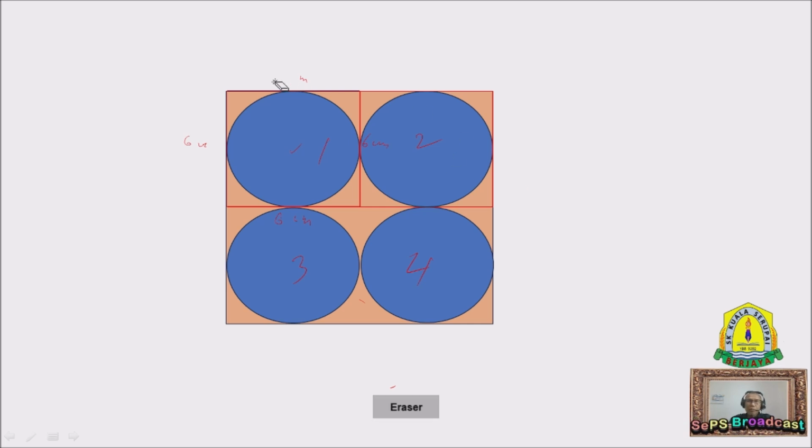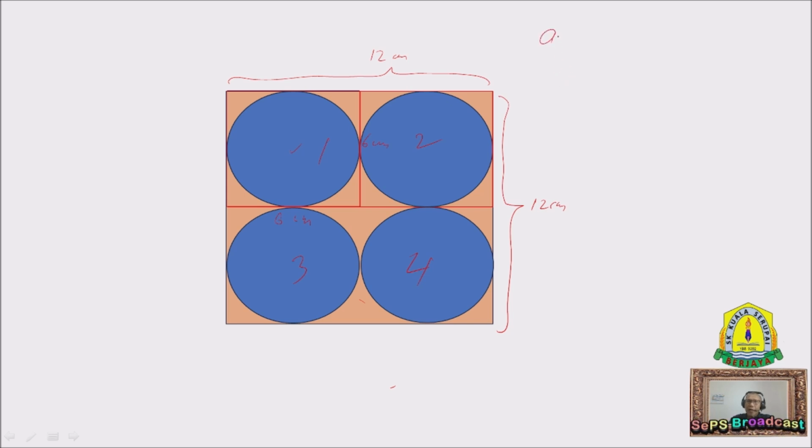As we know, earlier it is given that the length of this paper is 12 centimeter and the width also is 12 centimeter. So the thing that we can do is manipulate the numbers. Okay, so what do you see? It is the area.